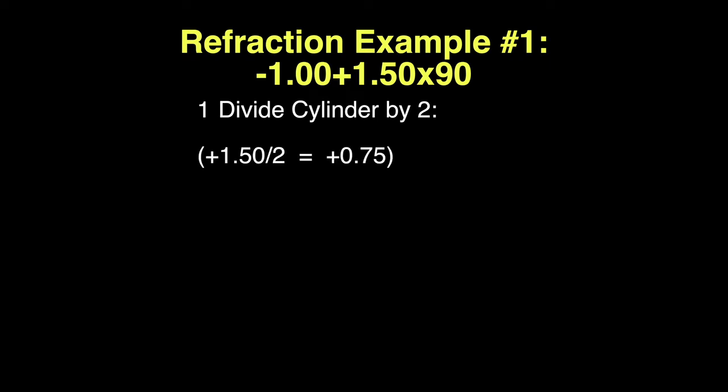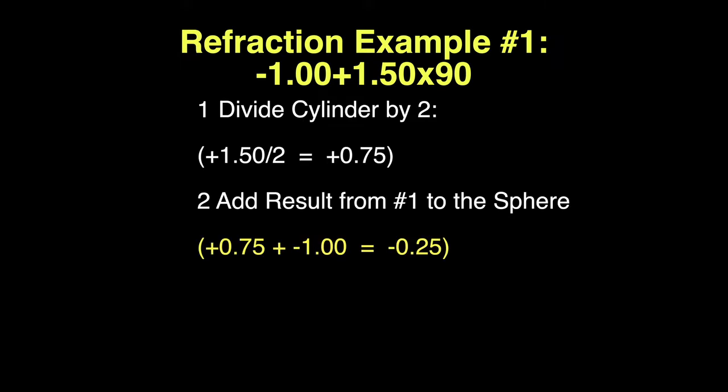The first refraction, -1 sphere plus 1.5 diopters of astigmatism at axis 90. So to determine if this is a suitable refraction that lends itself to correction by AK, we look at the cylinder, 1.5 diopters, and divide it by 2, which makes plus 0.75. We add that plus 0.75 result to the sphere.